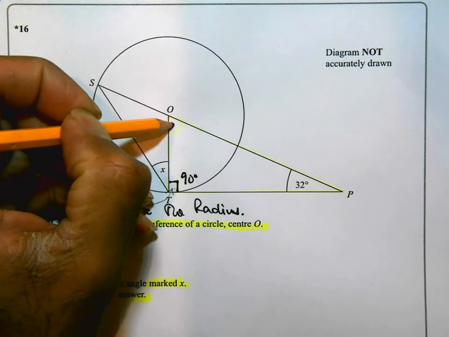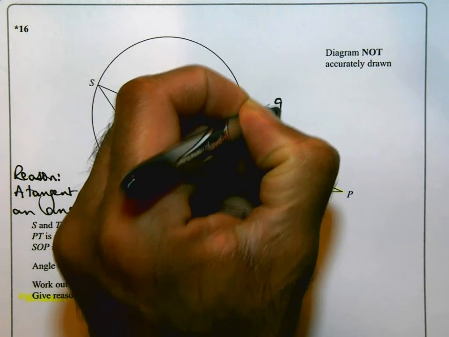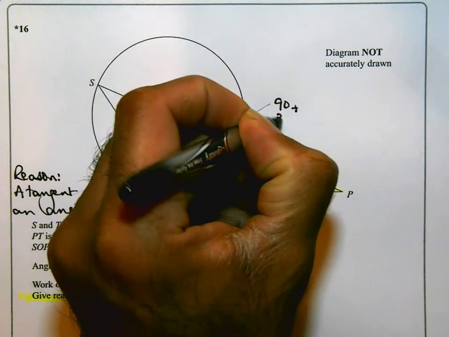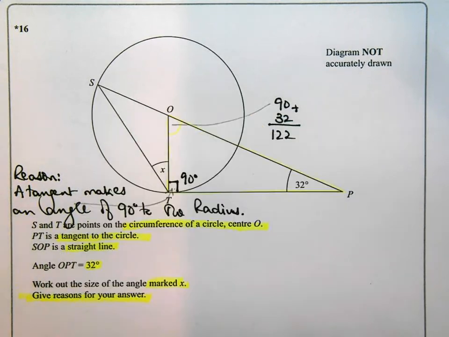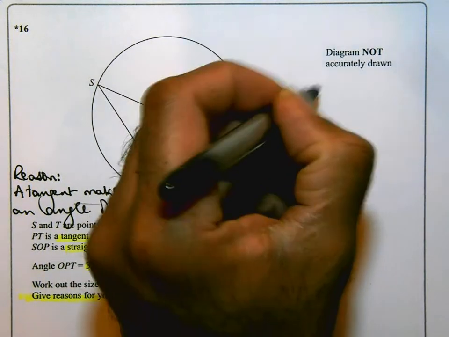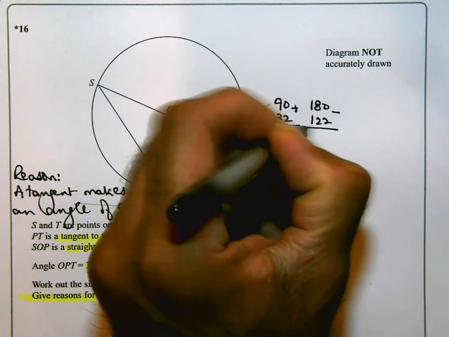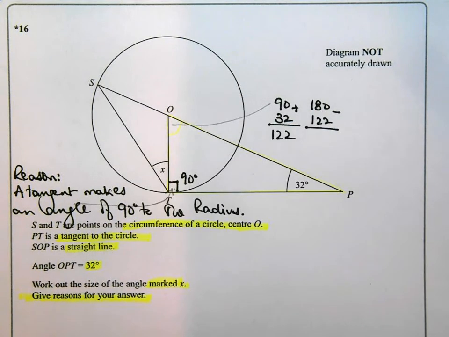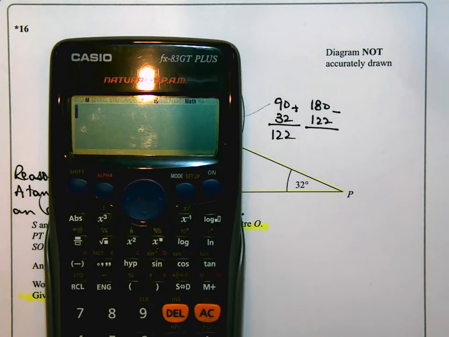I'm using the fact that the angles in a triangle add up to 180 degrees. So to work out that angle, I'm going to do 90 plus 32, which is 122. 180, take away 122 is going to give me, and because it's a calculator paper, I'm just going to stick that into the calculator. 180 take away 122 equals 58 degrees.